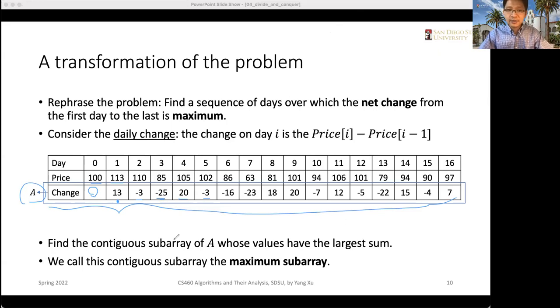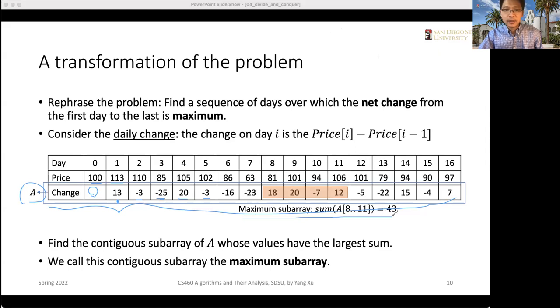We want to find the contiguous subarray of A that has the maximum or largest sum. This is where the maximum subarray comes from. This contiguous subarray is the maximum subarray. In this case, it is a subarray that looks like this.